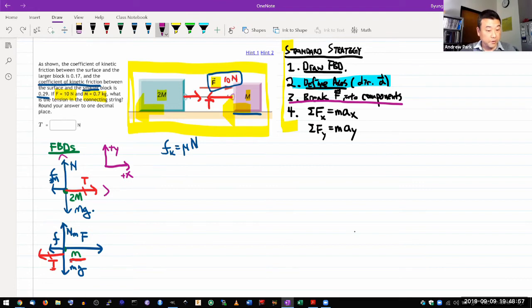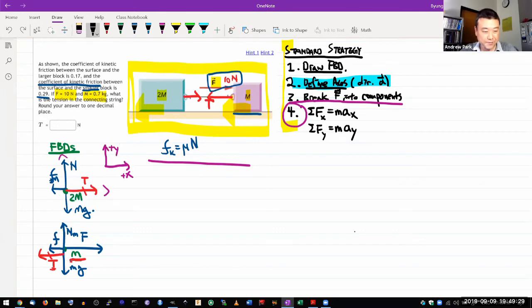So having done all that, now I am finally ready to do step number 4 and write down Newton's second law equations. And I want to start out by recognizing how many equations I have to write because I don't want to forget a single one of them. There are 4 equations I'm going to need to write. It comes down to the fact that I have 2 objects, and for each object, I need the x and y direction.